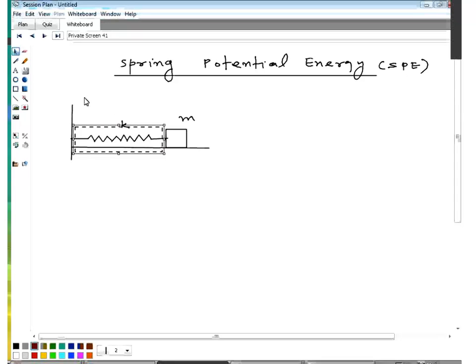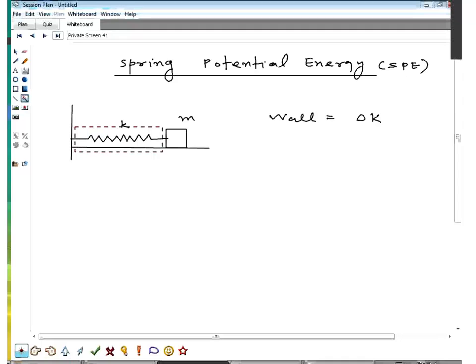During this process, from 0 to x movement, for the spring system, we have W all equal to delta K. One force which is acting on the spring system is by small m.